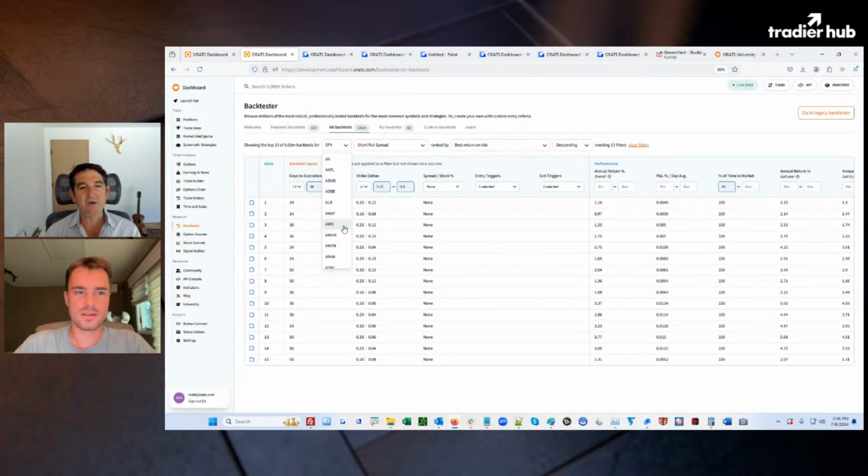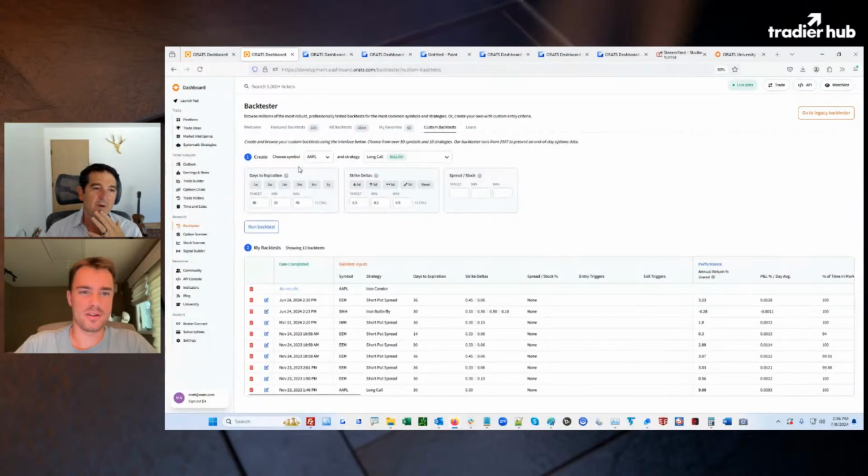So I think that's really, really neat to do. Yeah, it's definitely a very powerful tool. And at the end of the day, if you want to run a custom backtest, you can do that as well. You can just click on one that you like, click edit, and it'll autofill all those parameters in there. Yeah. Cool. All right.